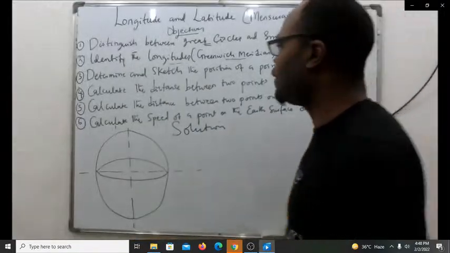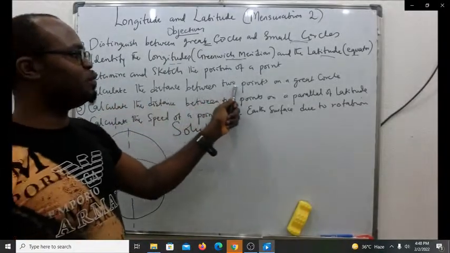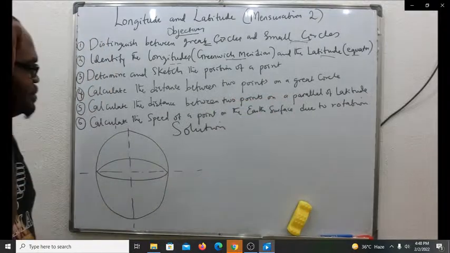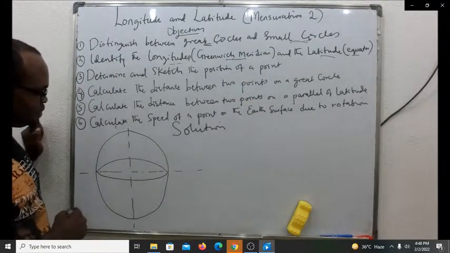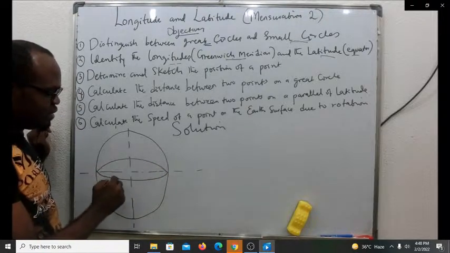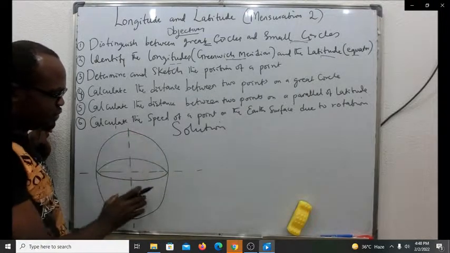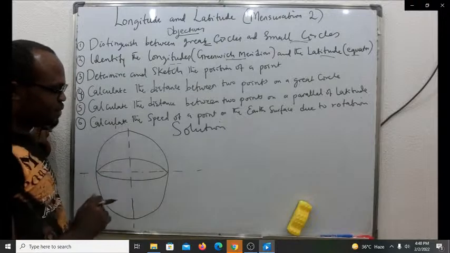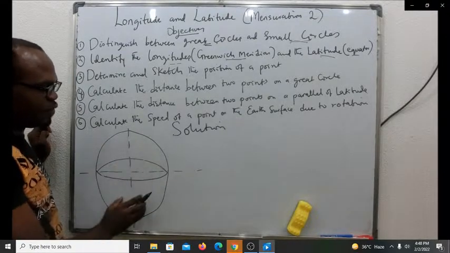Now we should also be able to calculate the distance between 2 points on a great circle. And I told us that great circles are those circles that if you cut the Earth through them, you get perfect equal sides. So let's say you cut the Earth through this circle, you are going to have equal sides.